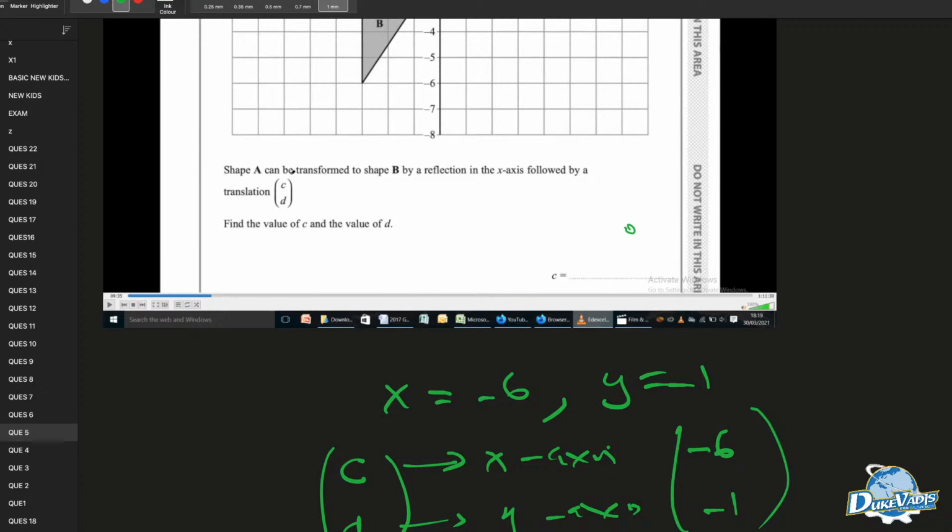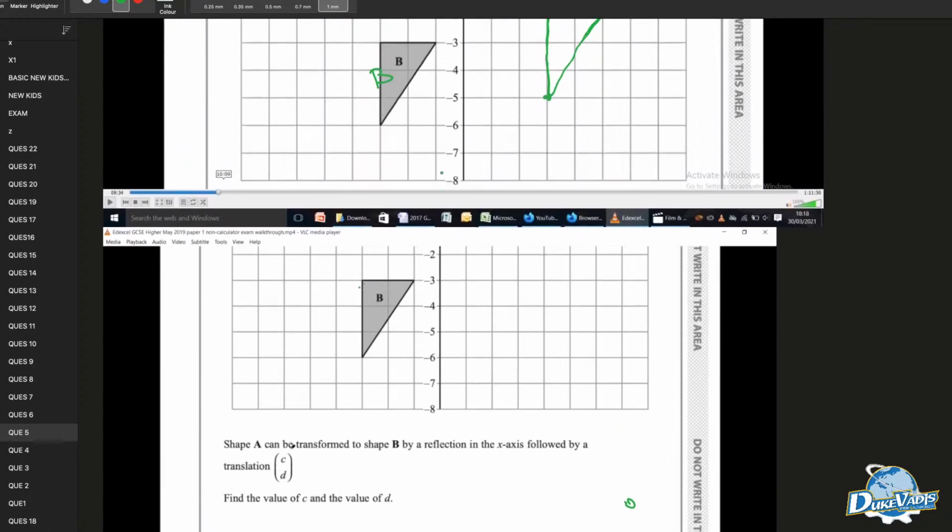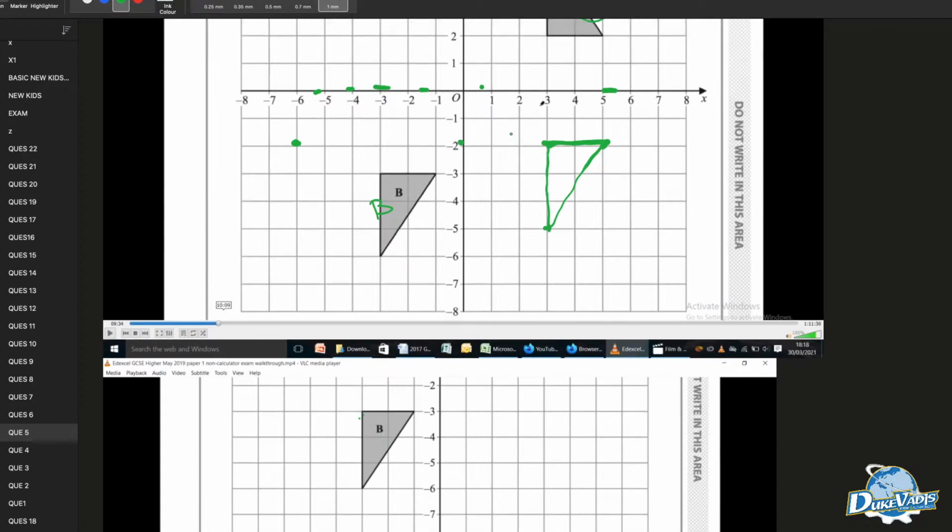We need to go to the left-hand side, as we are reflecting and translating. We go from here, we count 1, 2, 3, 4, 5, 6, and also down to get to that of B, so that would be -1. Okay, so that is what we get.